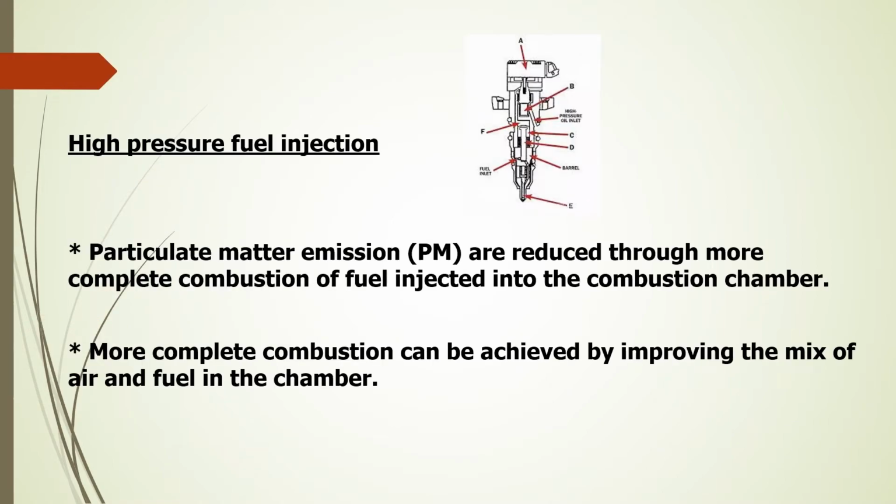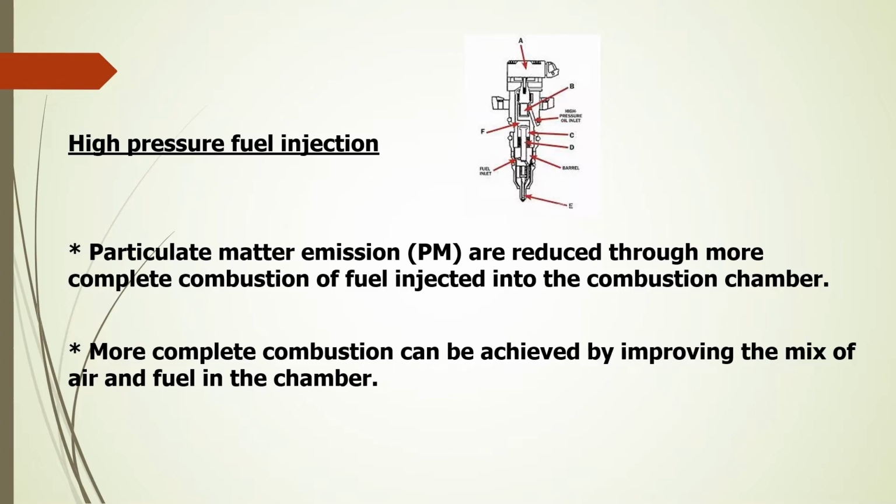For the high pressure fuel injection, the particulate matter emissions, known as PM, are reduced through more complete combustion of fuel injected into the combustion chamber. Thus, more complete combustion can be achieved by improving the mix of air and fuel in the chamber.